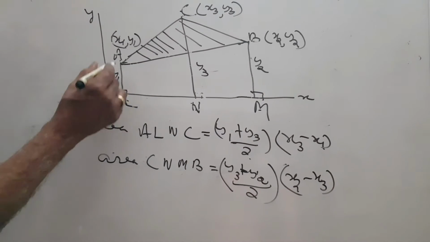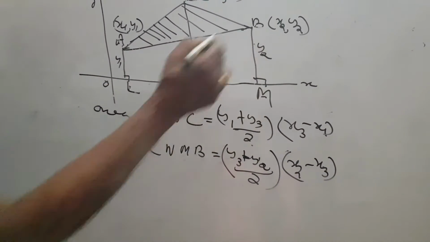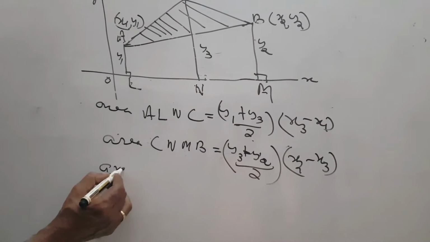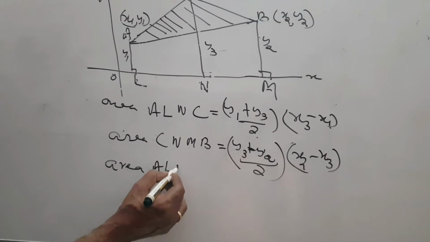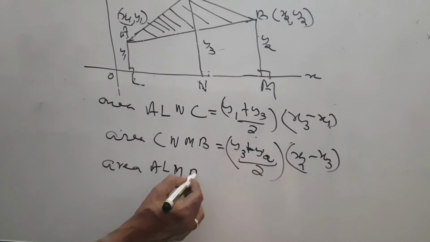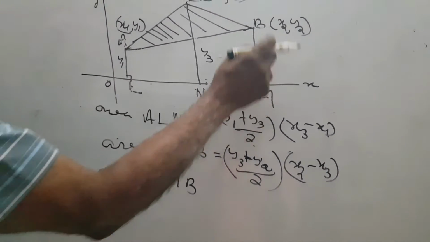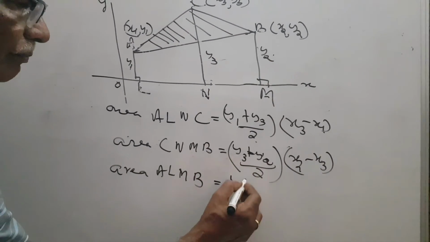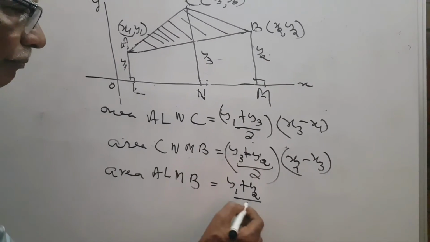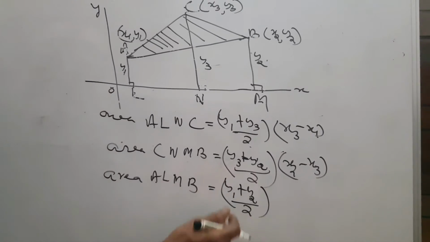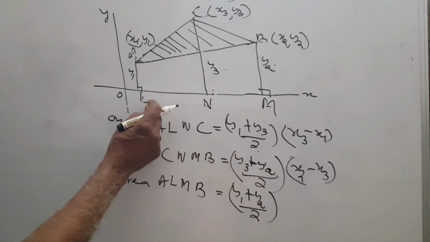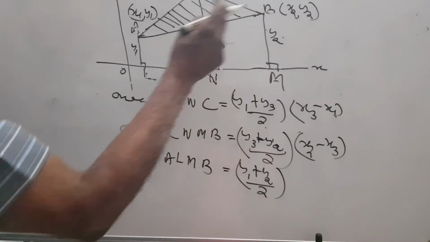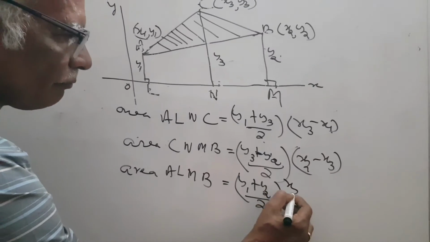And finally, area ALMB is (y1 plus y2) by 2 multiplied by the distance ML, which is x2 minus x1.